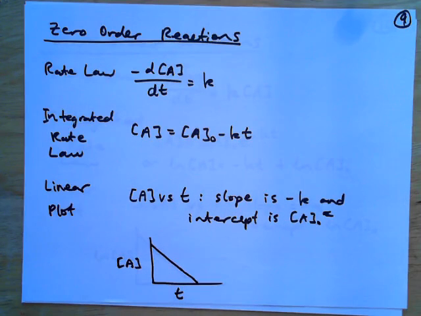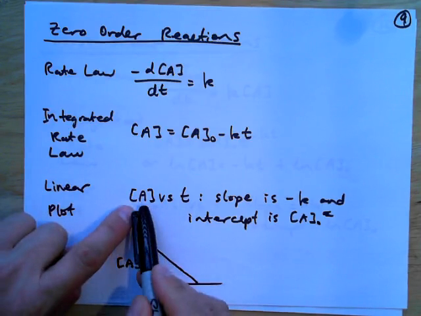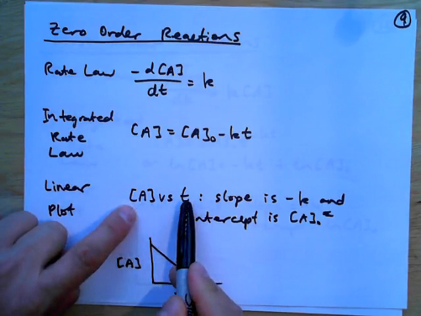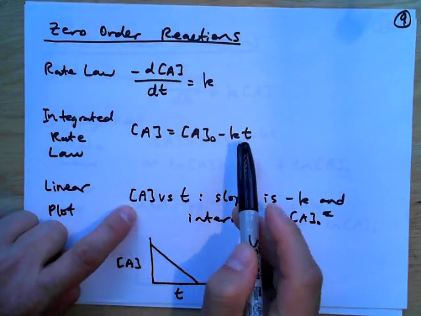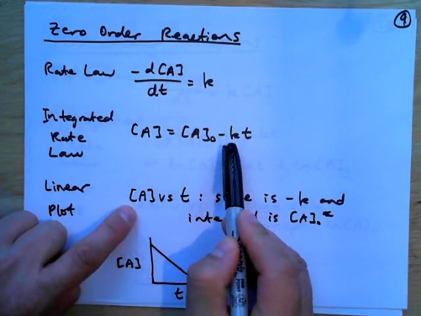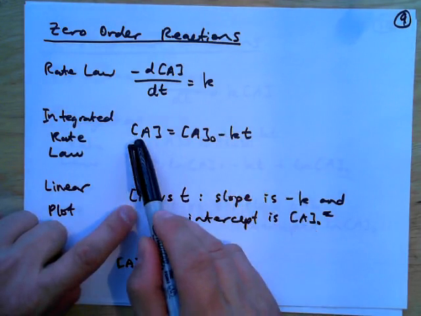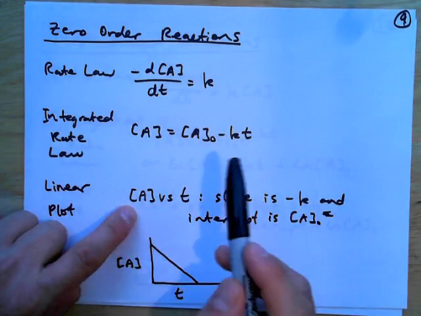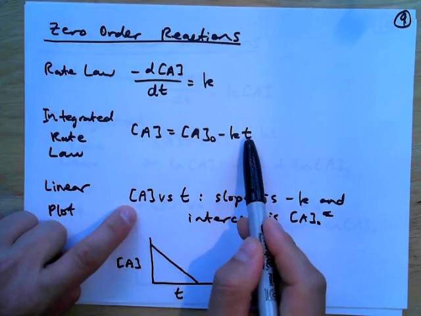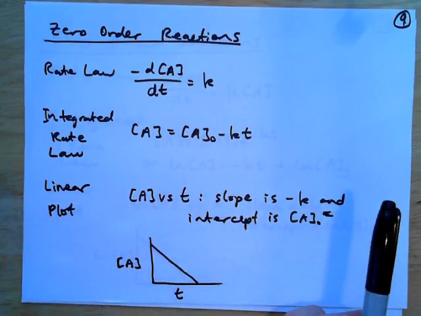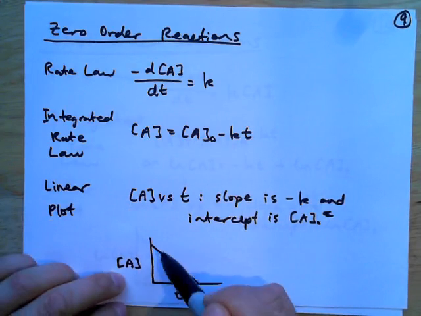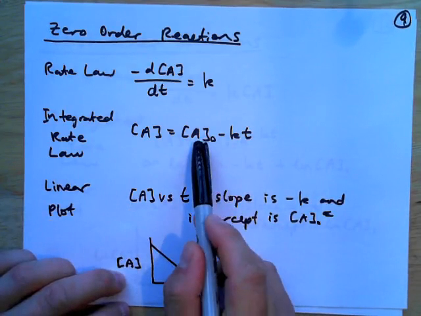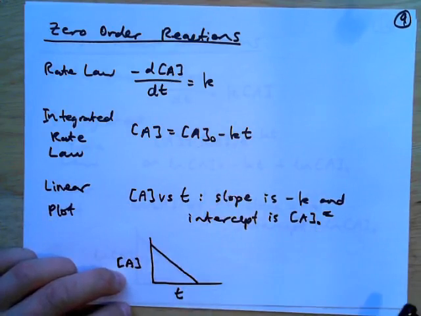So we have a linear plot, if you remember y equals mx plus b. If I plot concentration of A versus t, then I'm going to have a slope of negative k. This would be like negative k would be my m, t would be my x, and y would be my concentration of A. Okay, so y equals mx plus b. So I'll have a slope of negative k, and the intercept, which would be our b, is the concentration of A naught.